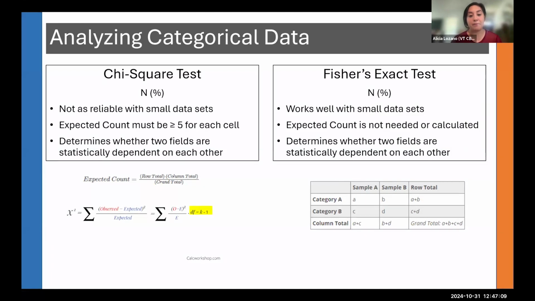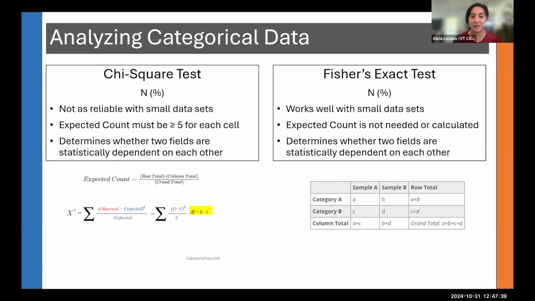In both instances, chi-square and Fisher's exact, you would use these to determine whether two categorical variables are statistically dependent on each other. A chi-square test is usually the first thing, and in my experience, people tend to use chi-square more than Fisher's exact, even with small data sets.